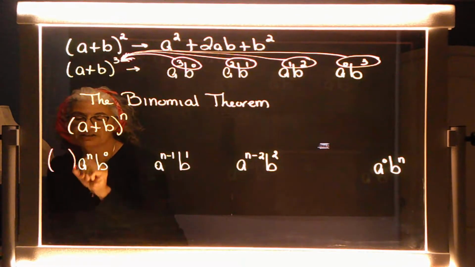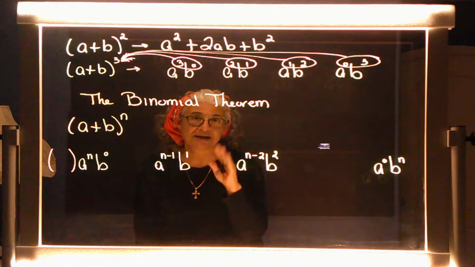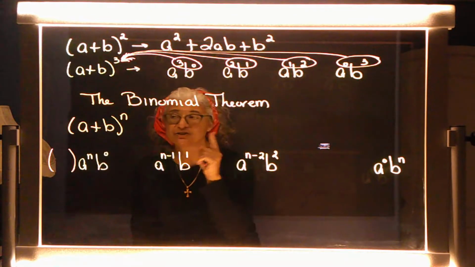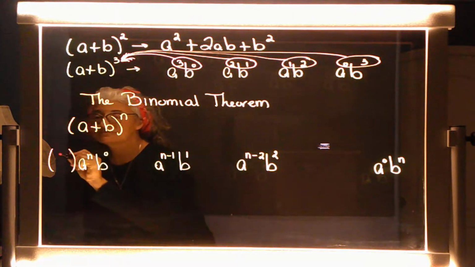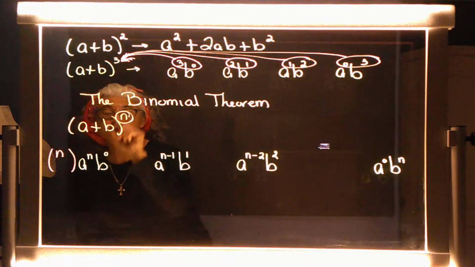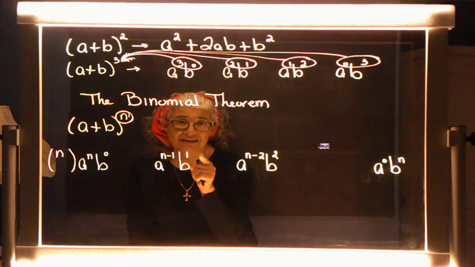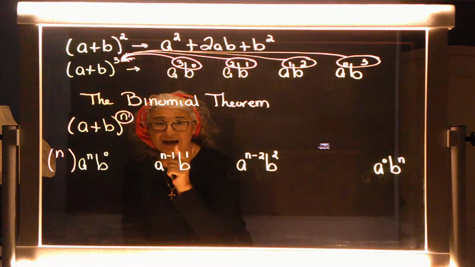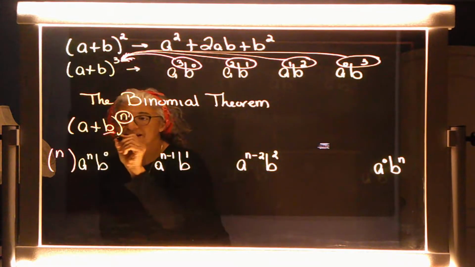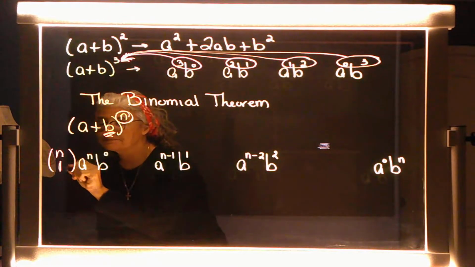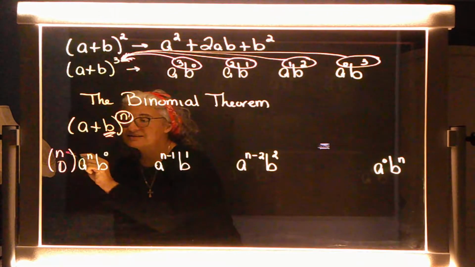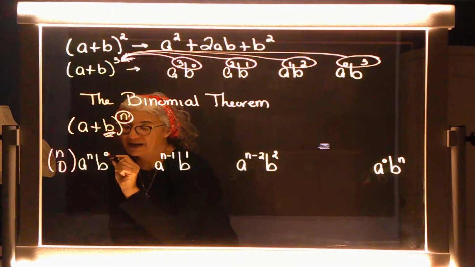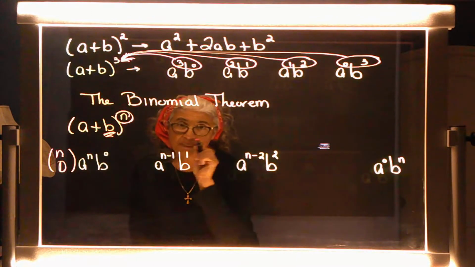The coefficient is going to be that format of n choose x. n is always the degree. The x, the second number, is always the power of the second variable. In this case, it's n choose 0, because 0 is the power on the second variable, on the b.